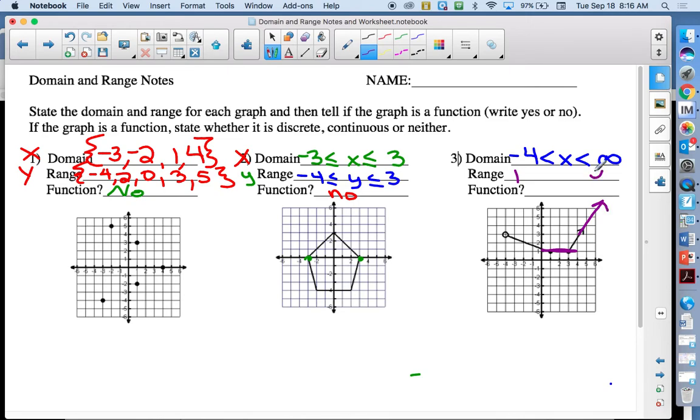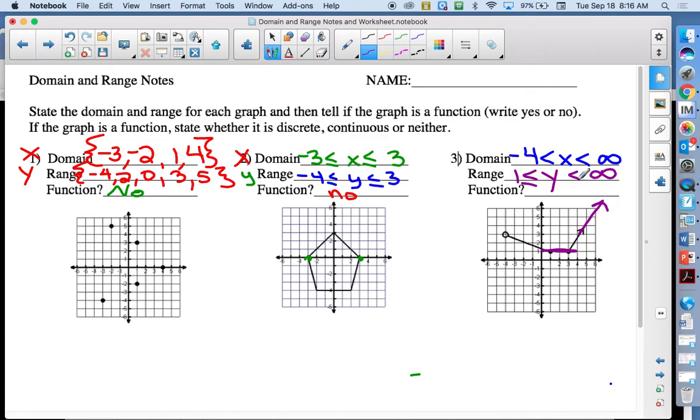So it would also be infinity. Now, when you look at 1, does 1 have a solid point or an open point, Garrett? Solid. So that gets the less than or equal to. Anytime it's solid, it's less than or equal to. Range is y. Infinity is never equal to. So we would just say less than infinity. Questions?